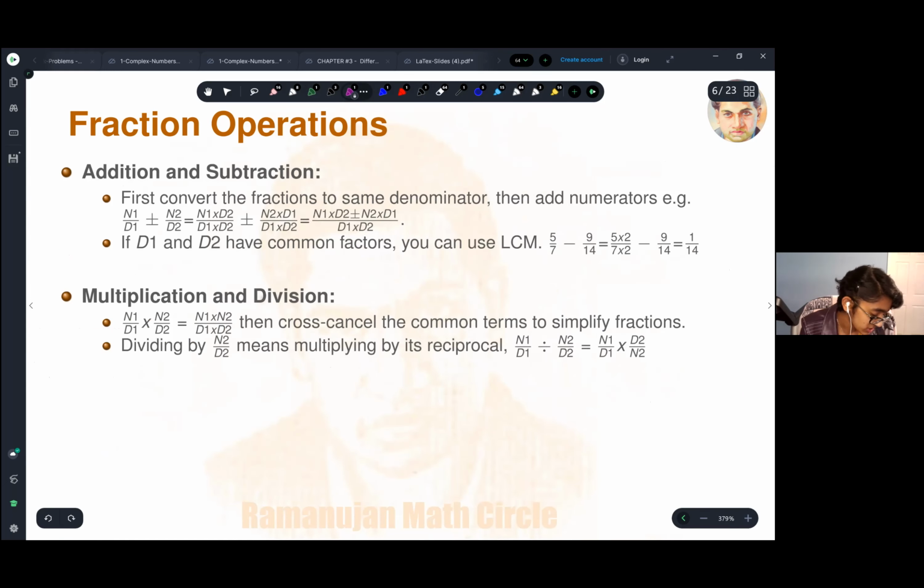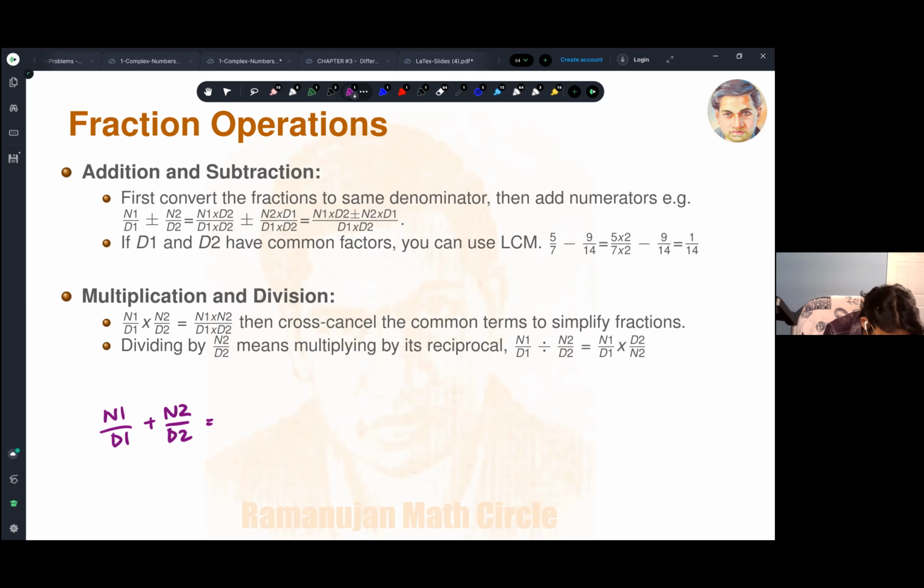Okay, fraction operations. You can add and subtract fractions. If you have n1 over d1 plus n2 over d2, you would try to get a common denominator. The easiest way is to multiply the numerator and denominator by the other fraction's denominator.